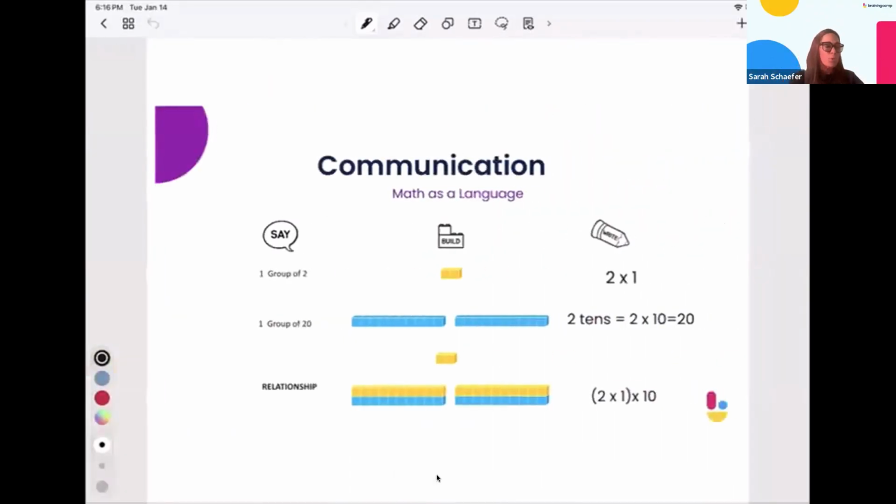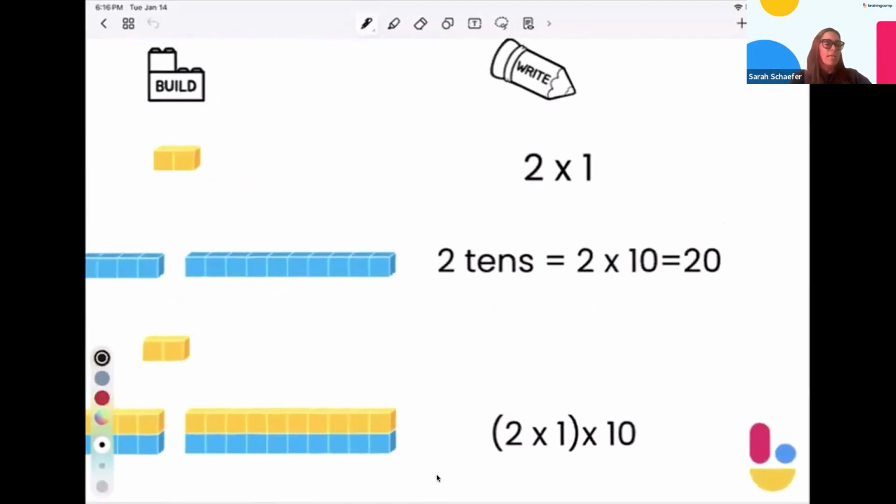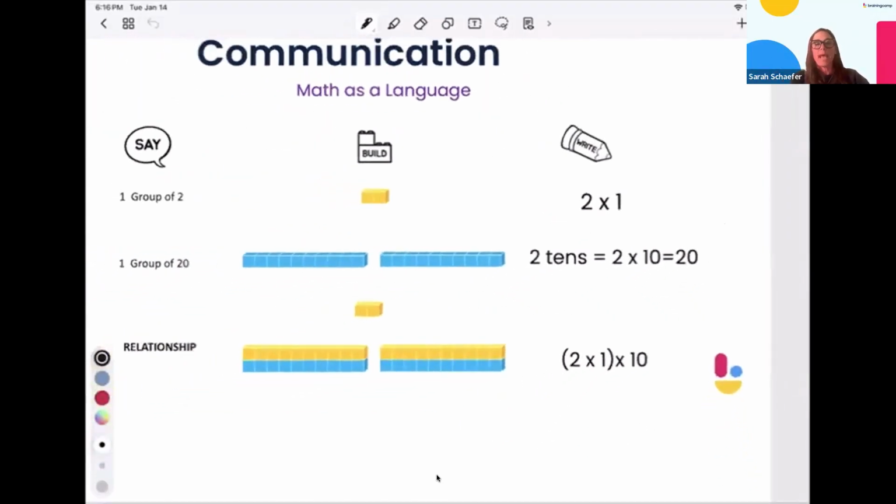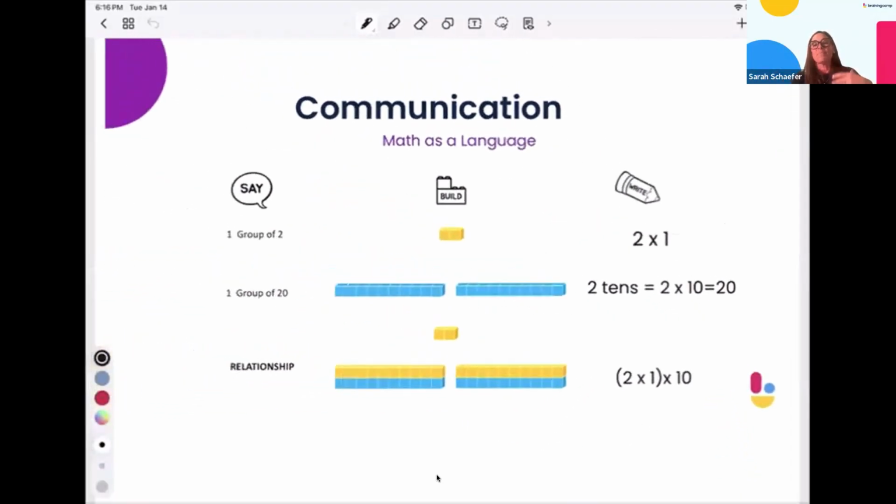And we can communicate that here in looking at what that means. So what does it mean to be 10 times the value? And we can use symbols to show 10 times that value and 2 tens. And then what does that symbolically mean in that relationship?